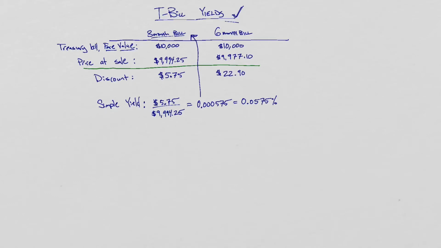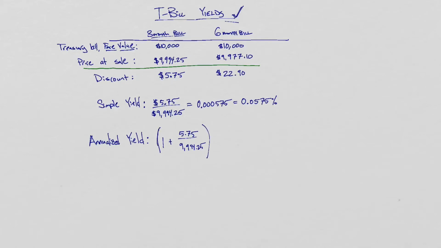And so instead of looking at a simple yield, we might annualize this to get a different perspective. The way we're going to do that is to compound it. We take the same thing we've got above, the income earned divided by the price paid, and this is the income earned over 3 months.